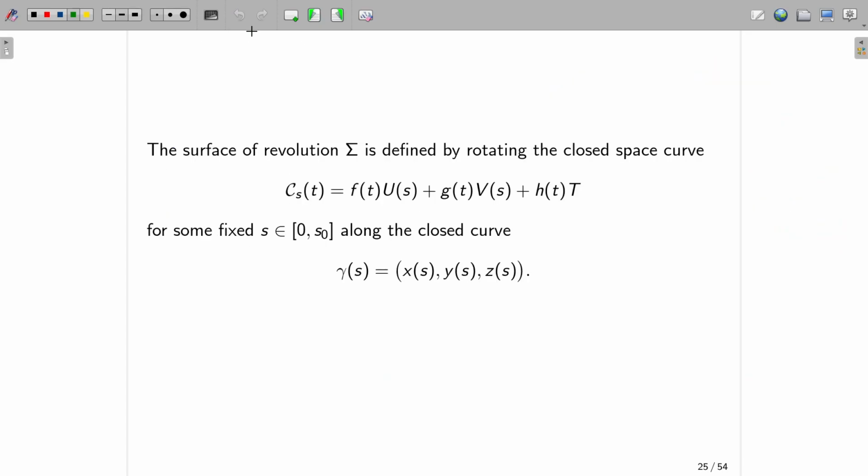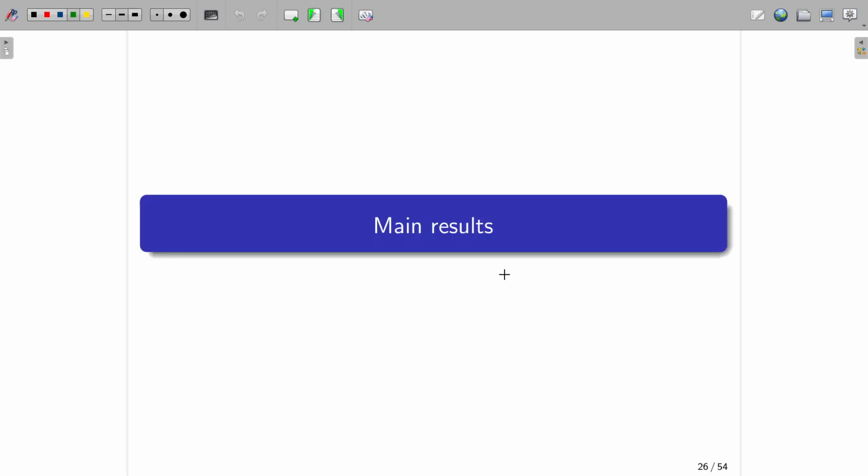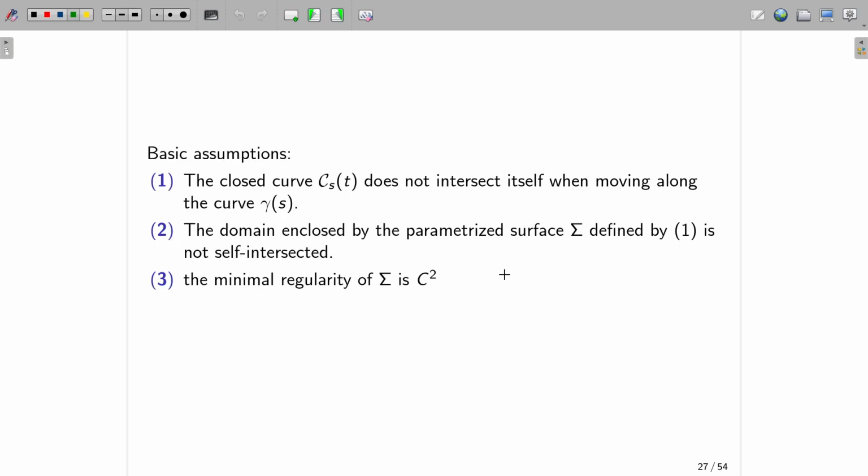The surface of revolution sigma is defined by rotating the closed space curve, which is spanned by u, v, and t, along the curve. This is what I meant. Next I'm going to show you my main results. The basic assumptions are these three points.